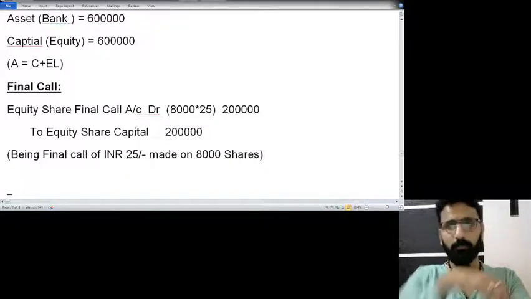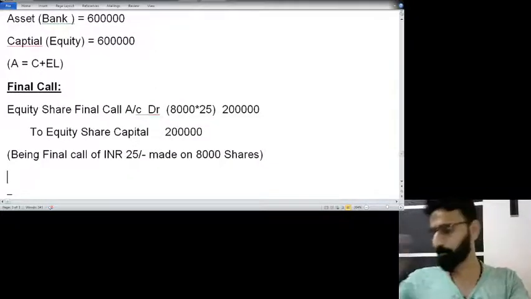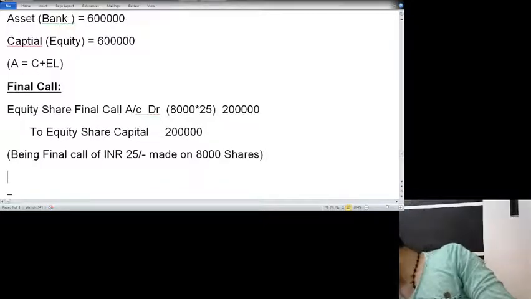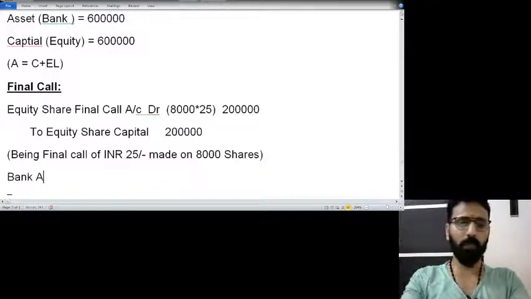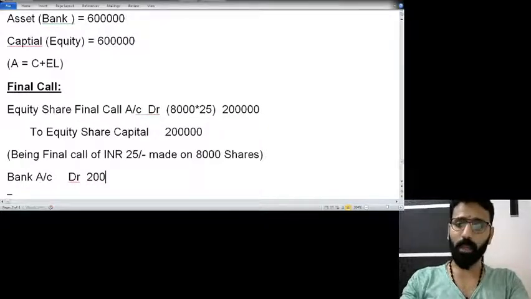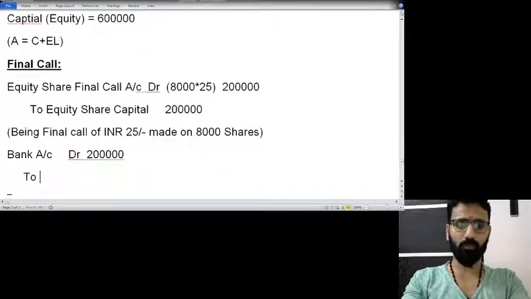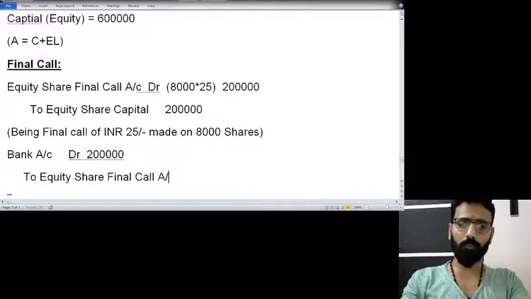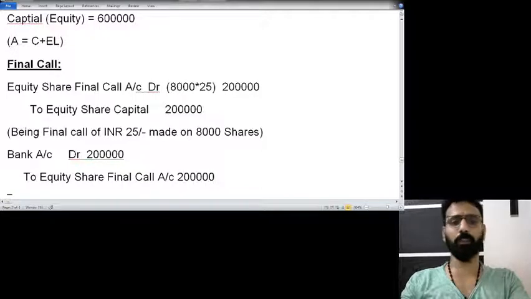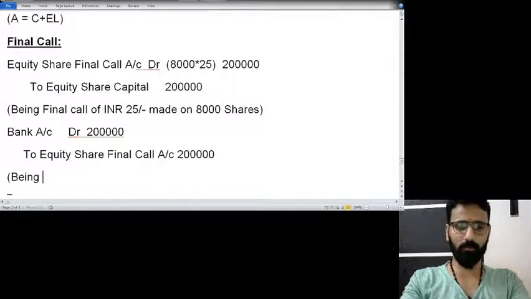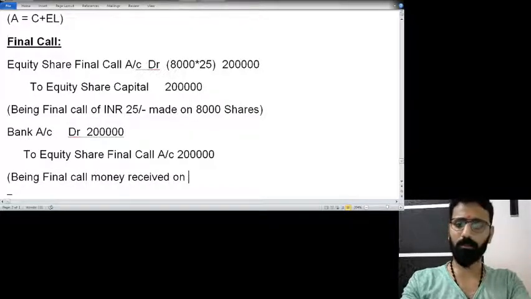And immediately assume everyone paid. So the entry will be bank account debit 2 lakhs, to equity share final call. As usual we should reverse the call, which is due, debit, reverse receipt. Being final call money received on 8,000 shares.